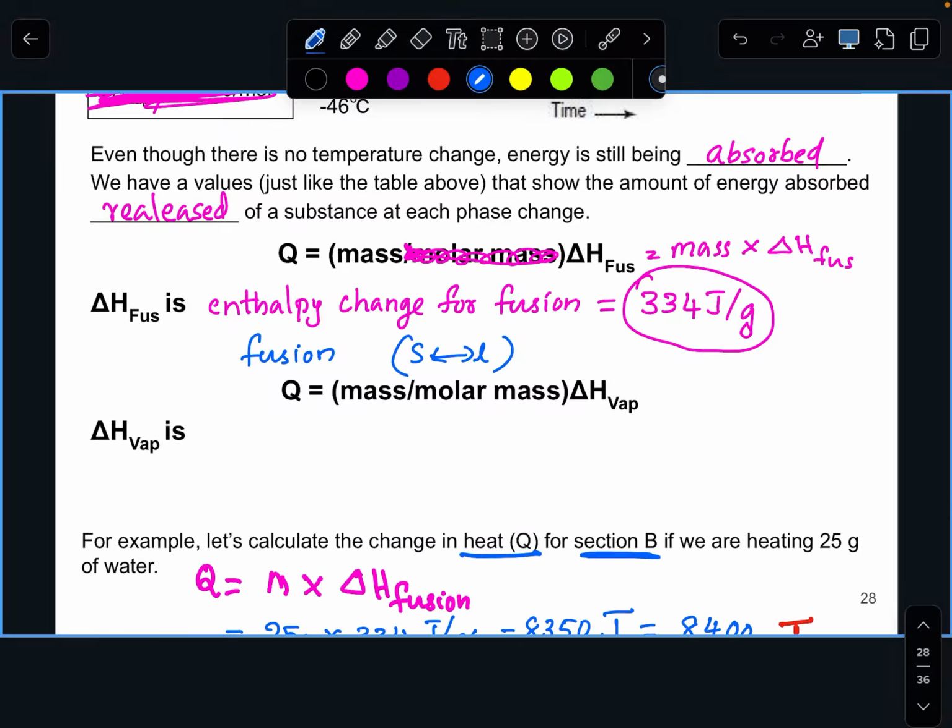Okay, then the second one, again, I'm going to cross out the molar mass. We don't need to do that in moles.